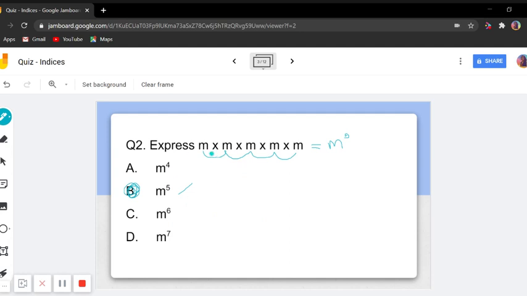No, because here M is multiplied by itself 5 times, not 6 times. D also, M to the power of 7. It's also wrong because the index here is 5, not 7. So the correct answer is B, M to the power of 5.